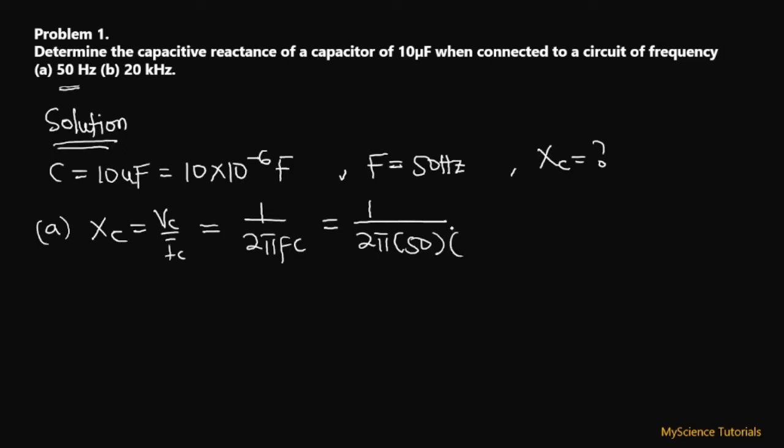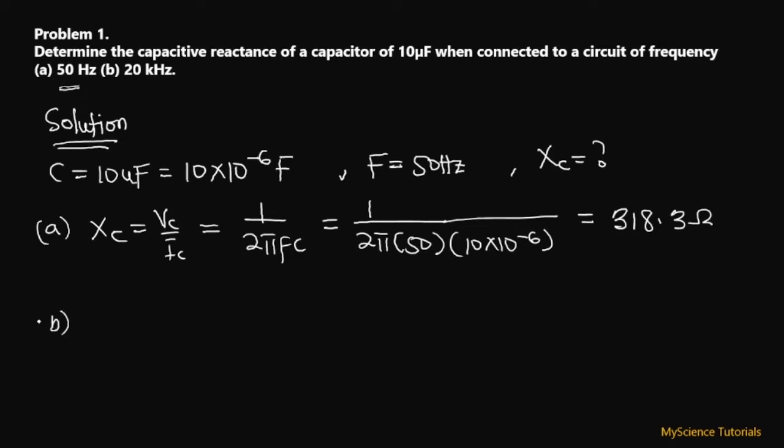And then we have the capacitance of the capacitor, 10 times 10 raised to the power negative 6 farad. Now if we compute these into our calculator, we are going to get 318.3 ohms as our answer for question number 1A.